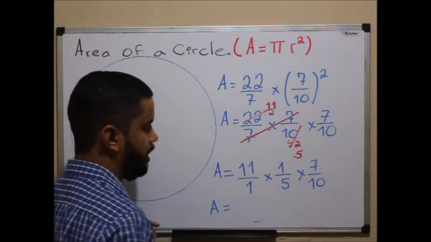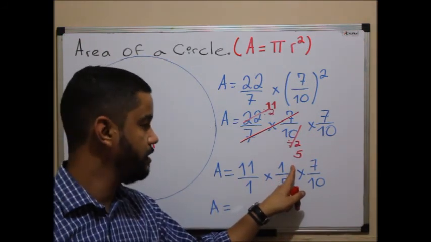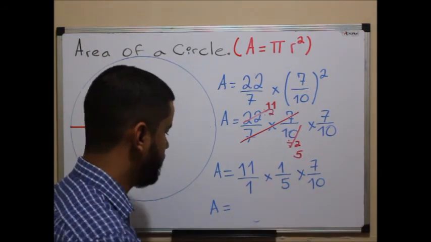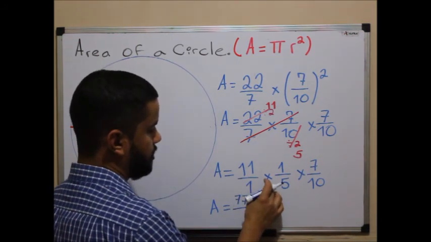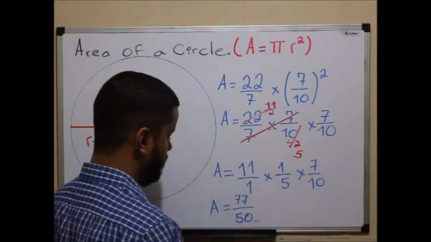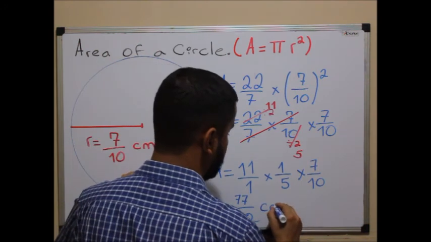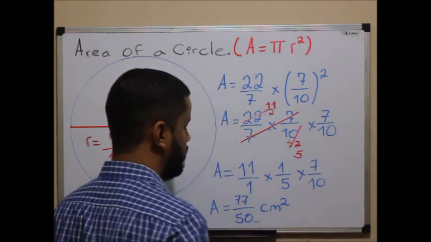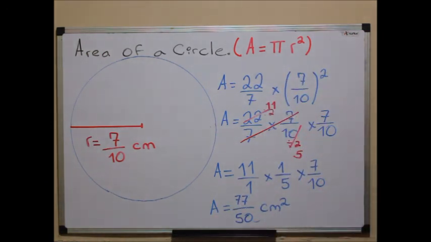So our area will be 11 times 1, that is 11, and 11 times 7, that is 77, over 1 times 5 is 5, 5 times 10 is 50, and we're going to write the unit, so centimeters squared, and that will be our solution. So now you can copy that.